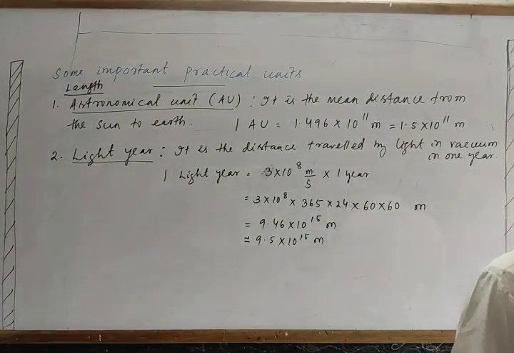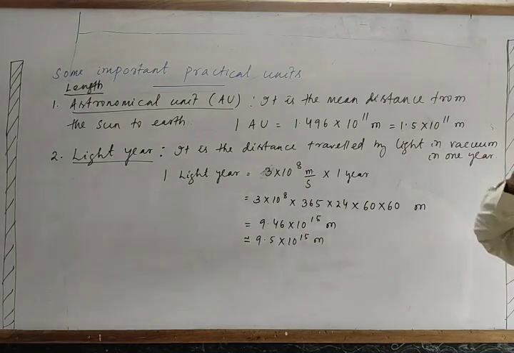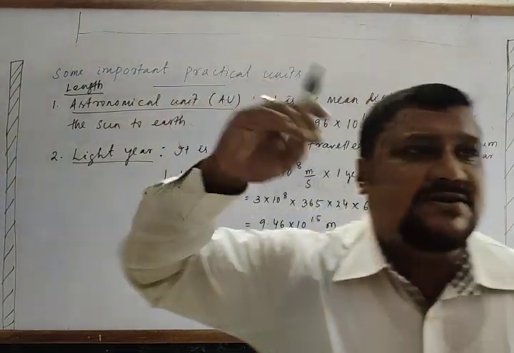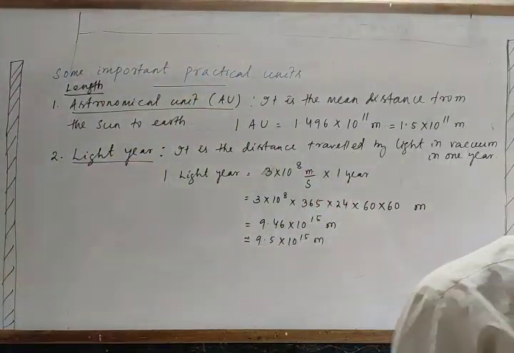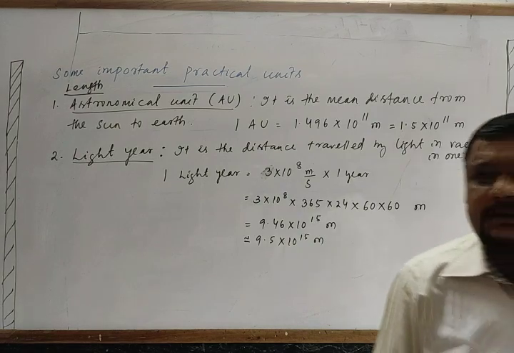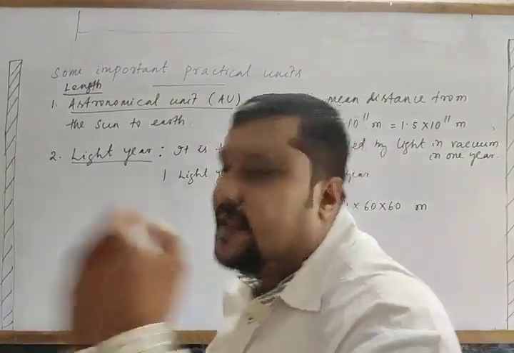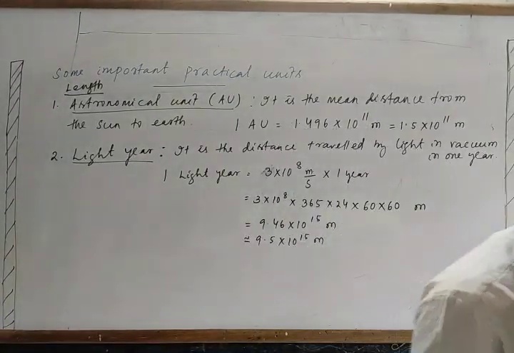So that is one light year. This light year is used to measure distances in astronomy, from one planet to another, or to nearby stars, such as the nearest star to our sun.